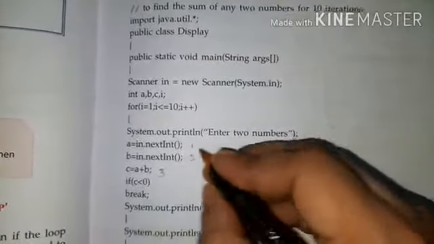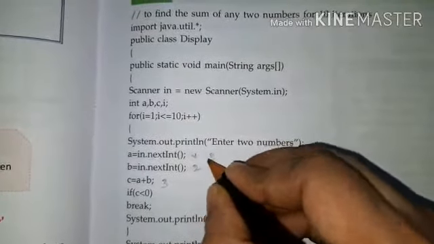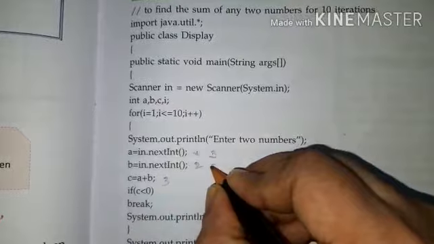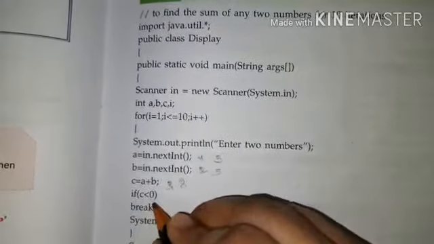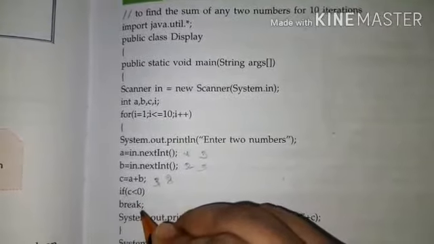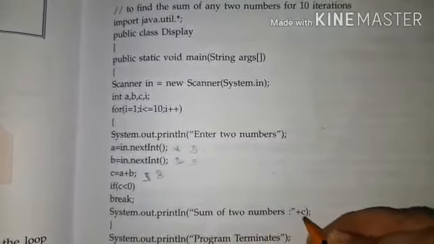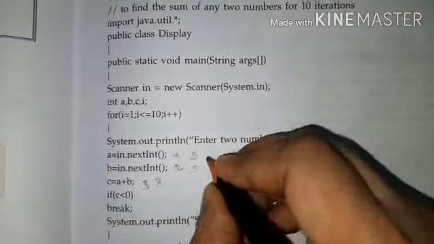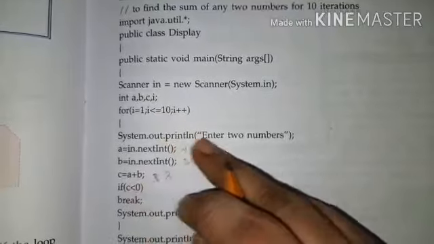enter the two numbers. Now let us enter 3 and 5. So now C will be 8. So 8 is not less than 0. So it will not enter break and it will display the sum of the two numbers is 8. Again it will go. Now I is 3. 3 is less than 10, condition true.